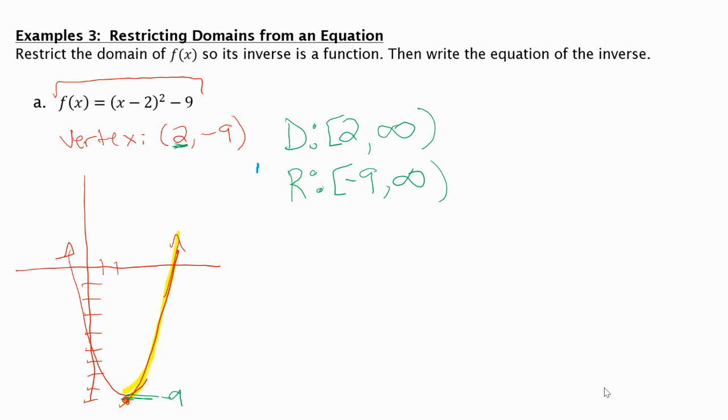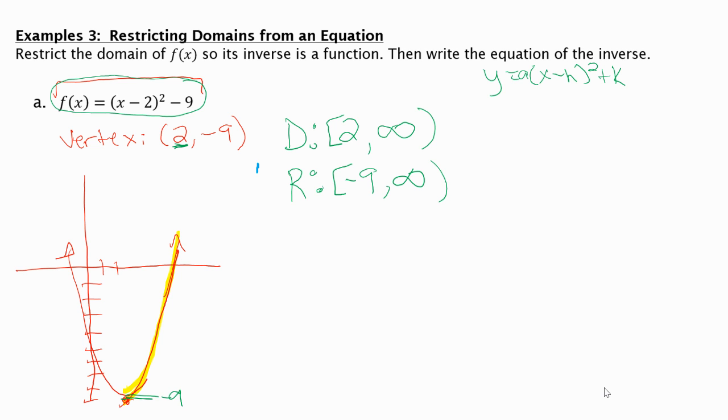It didn't ask for the range, but we'll just write it just cause. And so those, again, you can see actually come from the vertex. And again, I'm using that vertex form that you did in Math 2, which is a(x minus h) squared plus k.